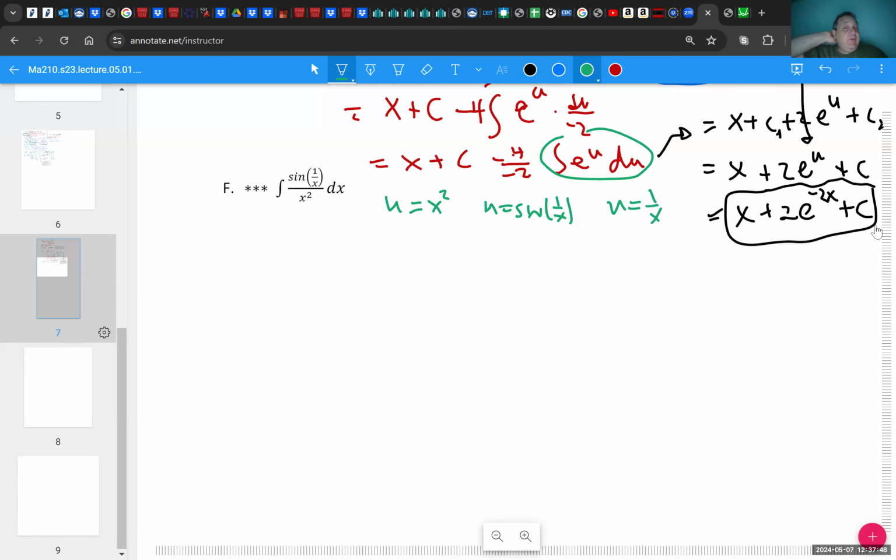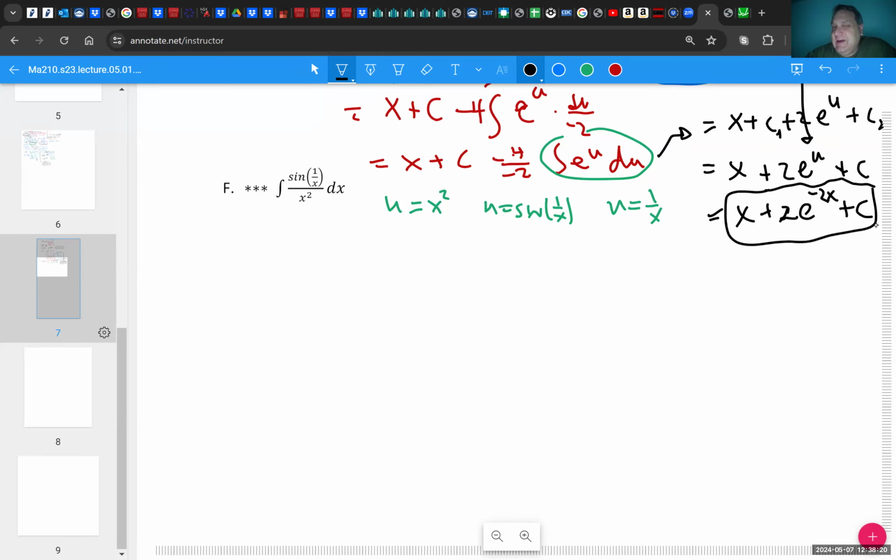And at this point, if you're first learning integration by substitution, it's hard to know which one of these is the best. Do they all work? Does only some of them work? What is going on here? One of the big things is experience. If you do a bunch of these problems, you start getting some little rules of thumb. If you think about the derivative of sine of 1 over x, it's cosine of 1 over x times some other stuff, and there are no cosines in this problem.